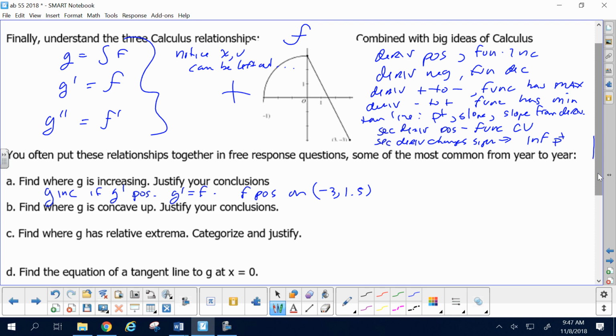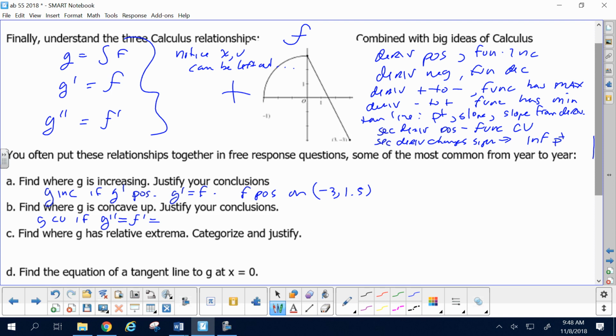Let's try this one. G is concave up. G is concave up if, what happens? Big idea of calculus: if G double prime is positive. Let's combine those two steps into one. And what is G double prime's relationship to F? F prime. And what is F prime's relationship to F?